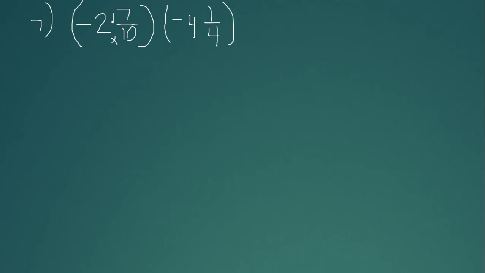Improper. 2 times 10 is 20 plus 7, 27. So negative 27 over 10 times 4 times 4, 16 plus 1, 17. So negative 17 over 4.